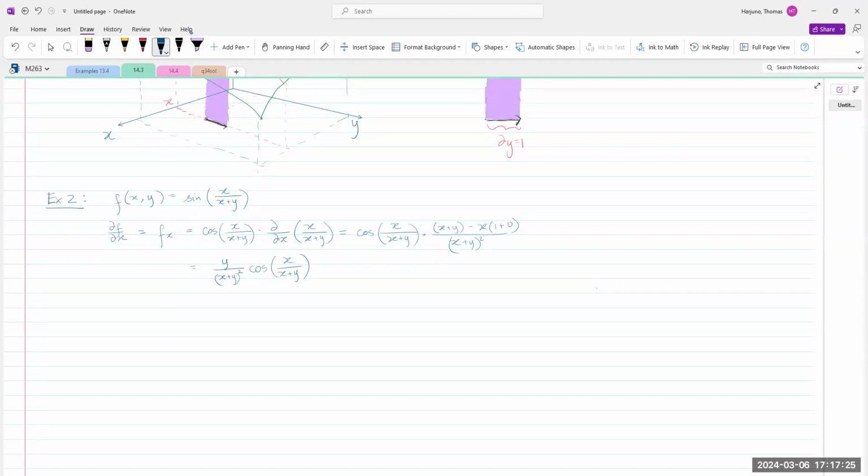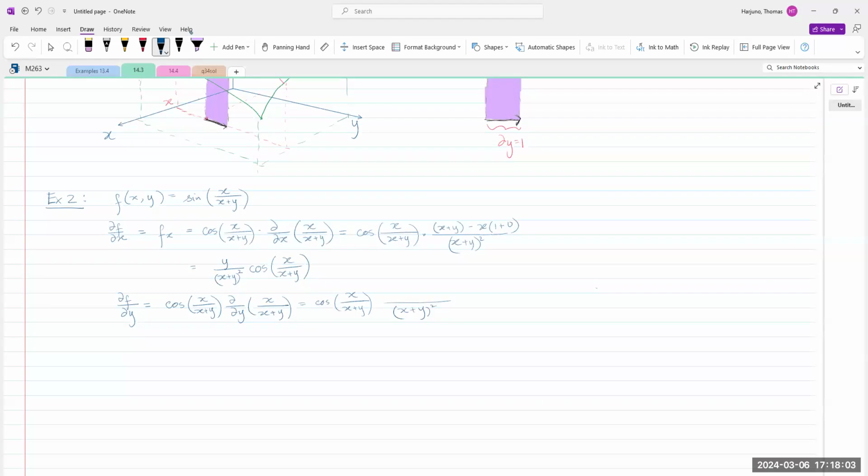Now how about dou f dou y? Then the derivative of sine blah with respect to y will be cosine blah times the derivative with respect to y of that blah, which is cosine of x over x plus y times x plus y squared on the denominator.